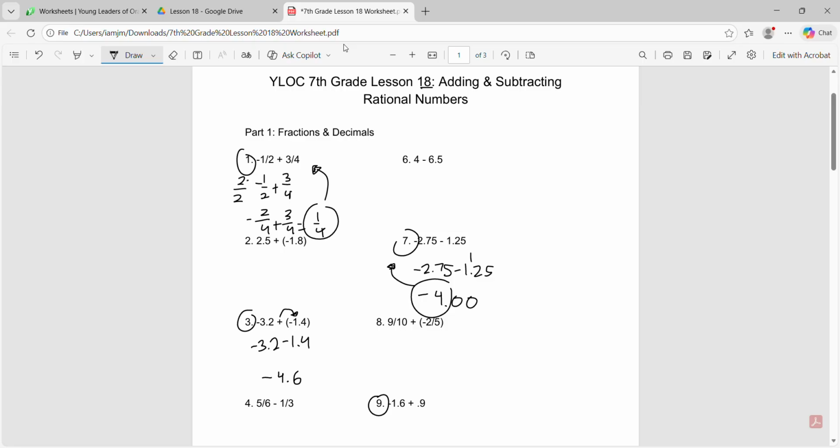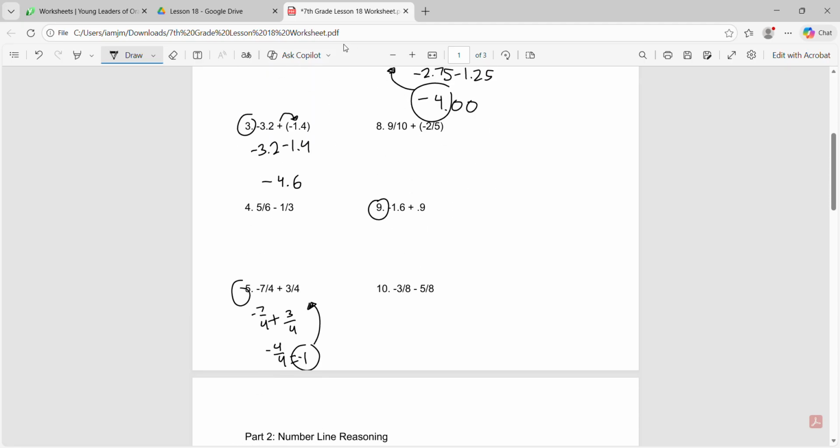As we have progressed to number 7, you might have noticed that when we subtract into a negative number, the absolute value increases. When we add into a negative number, the absolute value decreases.